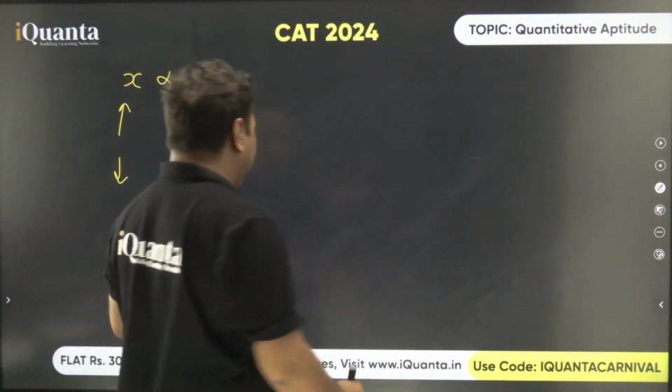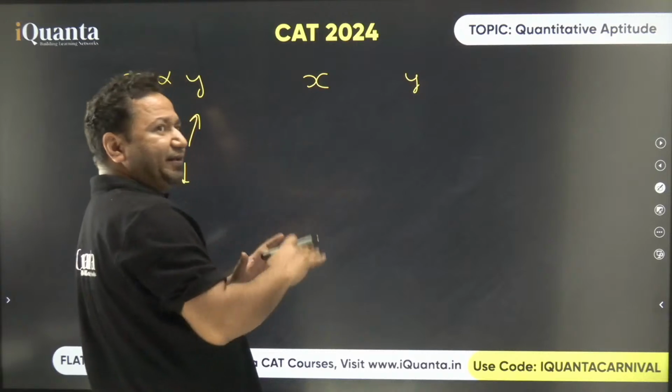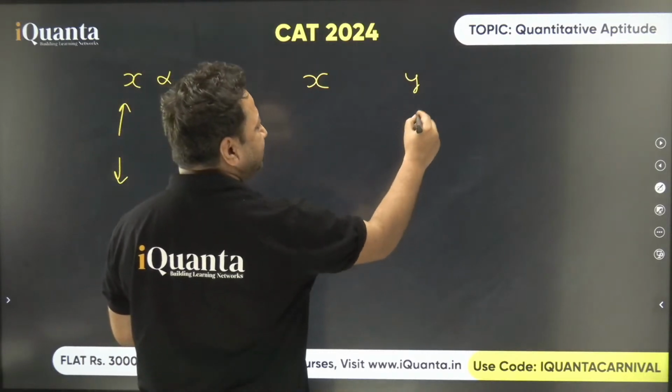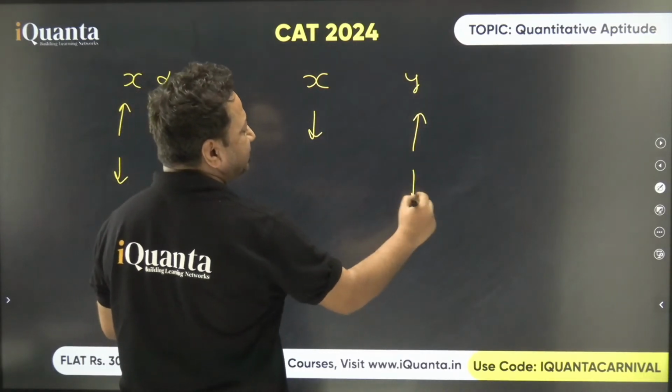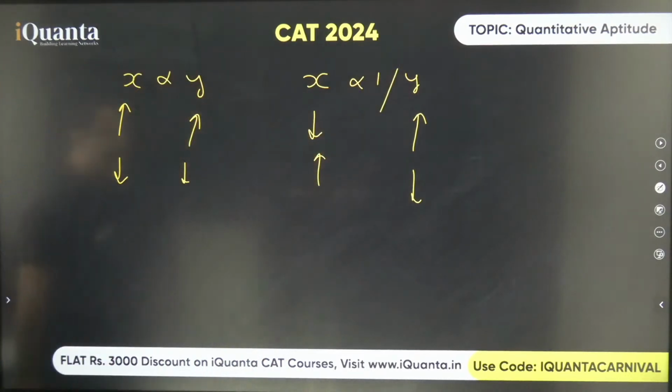And if two variables are related in such a way that if one increases, the other decreases, and vice versa, then it will be inverse. So these are two things which we should have a proper understanding of.